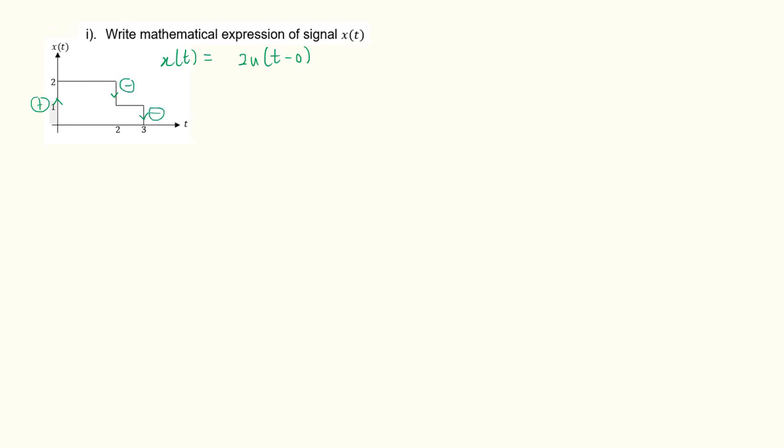So at t equal to 2, the magnitude is 1, ut minus 2. It is negative because it's pointing downward. Then at t equal to 3, pointing downward again, so it's negative again, and the magnitude is 1, ut minus 3.